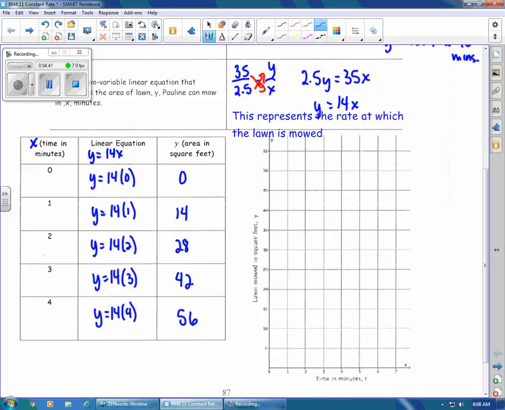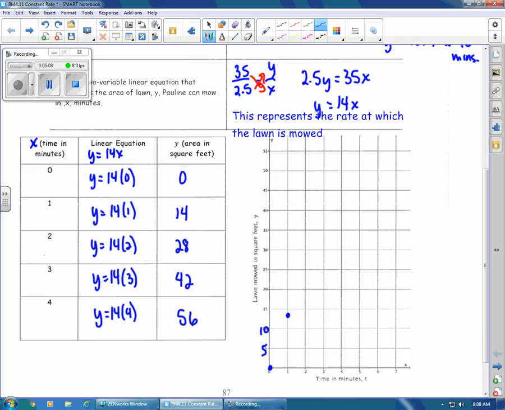So at 0 minutes, we have 0 square feet. And at 1 minute, we have 14. If you look on the left, our graph is going up by 5s. So that's not a 1, that's actually 5, and then 10, 15, 20, etc. So in 1 minute, we're at 14. So that's going to be slightly below the 15 here.